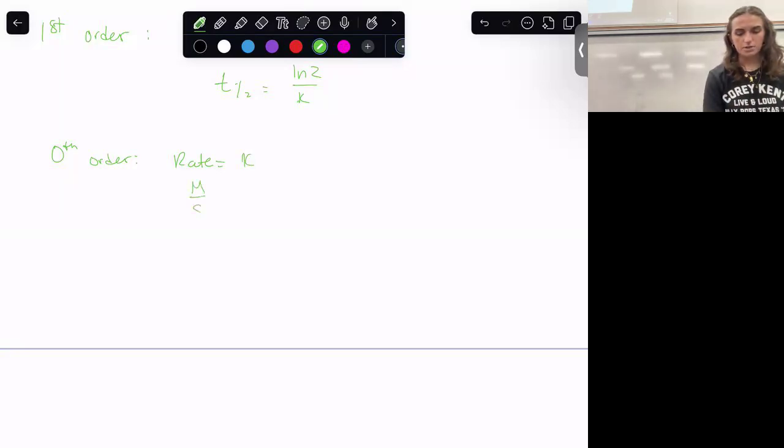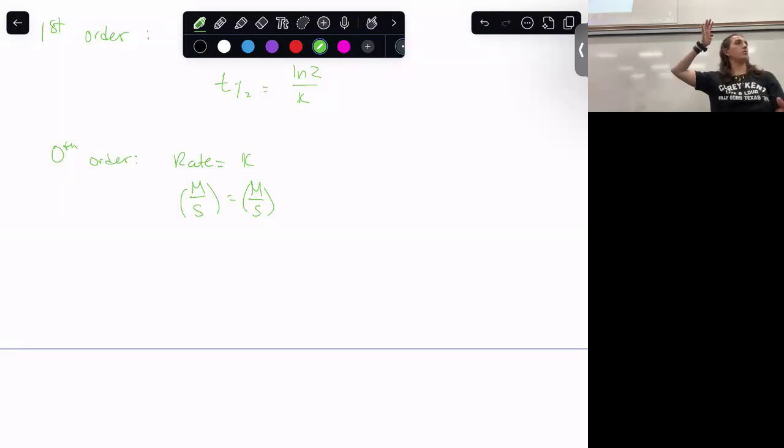If rate is going to give you molarity over second, what do the units of k have to be? Anyone can answer. It has to be molarity over second. Your units of k also have to be molarity over second because there's nothing else to balance out that side of the equation.